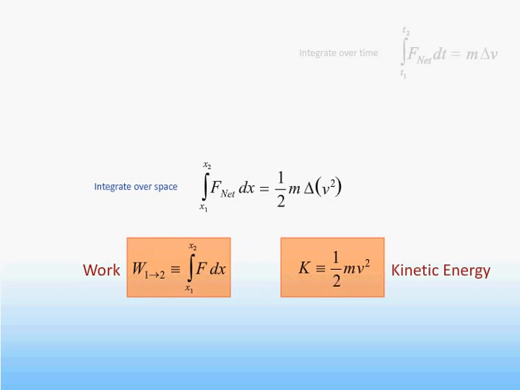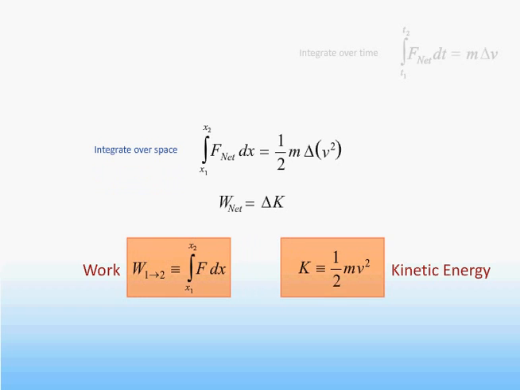Thus we see that in one dimension, the work done on the object by the net force is equal to the change in that object's kinetic energy. Work and kinetic energy both are measured in joules, where 1 joule is defined to be 1 Newton meter. We will do a simple example on the next slide that illustrates the use of these concepts.